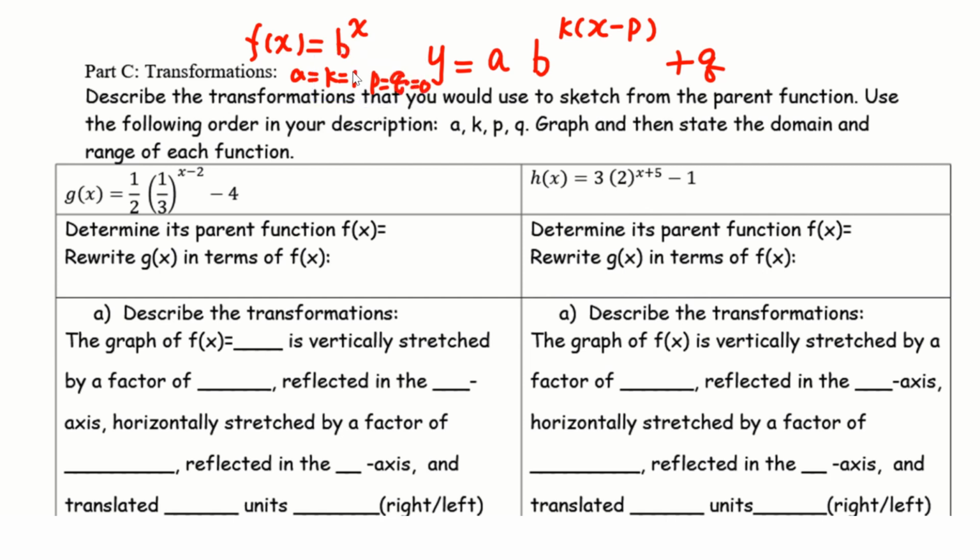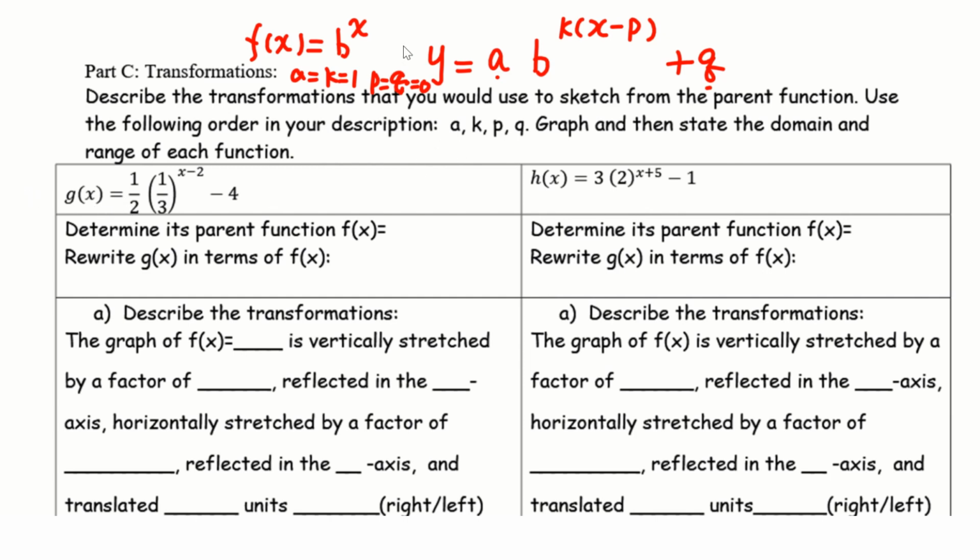We call this a parent function. So this is a times b to the exponent k bracket x minus p; k is horizontal stretch and p the horizontal shift. Q and a are the vertical stretch and the vertical shift.